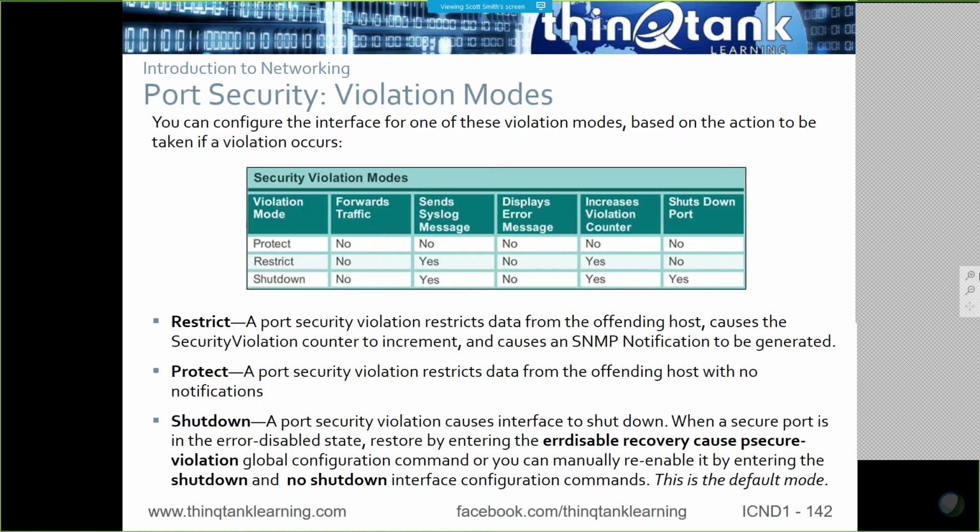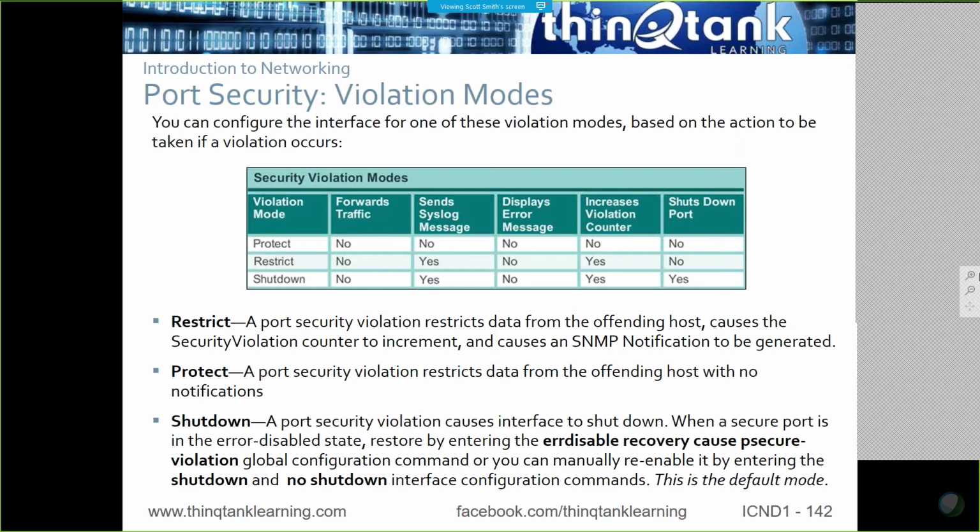Now, in both cases, restrict and protect do the same thing. They block the offending host. What do I mean by that? It blocks the traffic being sent from the device that has that MAC address.